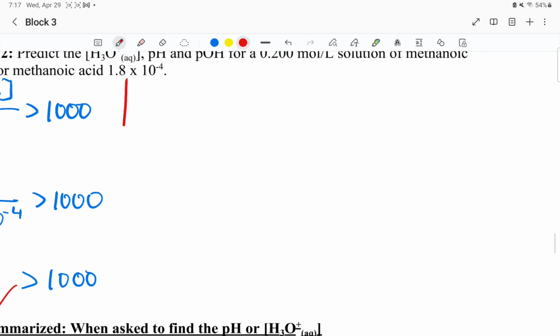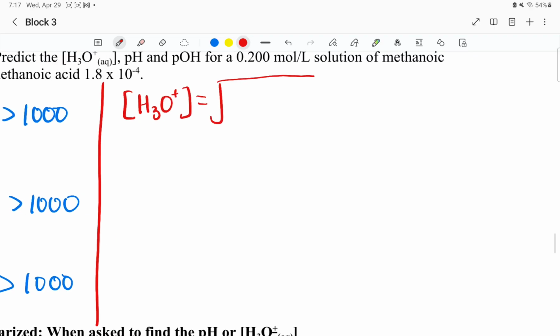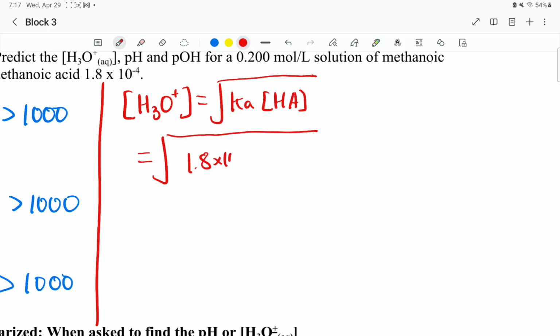So that means we can now say your hydronium concentration is equal to the square root of your Ka times HA, which is the square root of 1.8 times 10 to the negative 4 times 0.2. When I do that, what do I get?